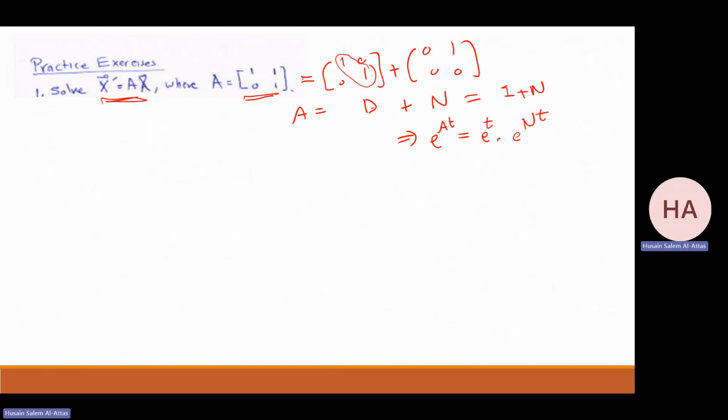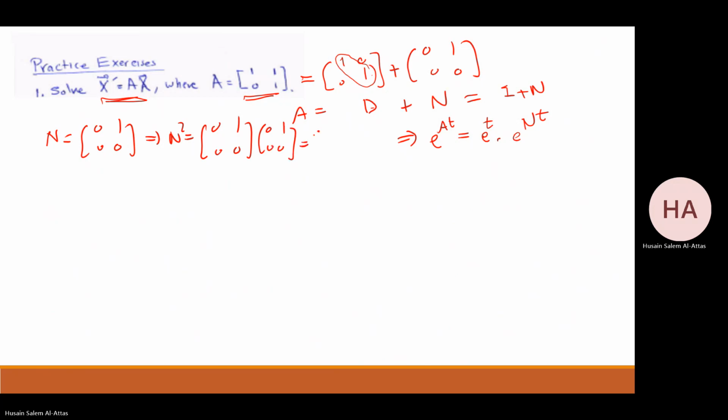Let me work out this one. N is 0 1 0 0. What is its square? It is 0 0 0 0. So e to the power Nt will be I plus Nt plus 0, so no need to think about the rest.